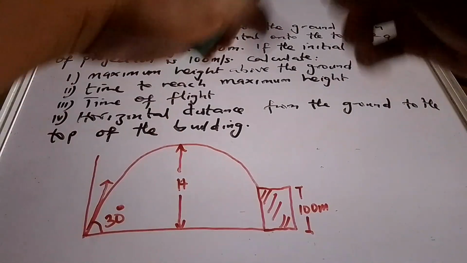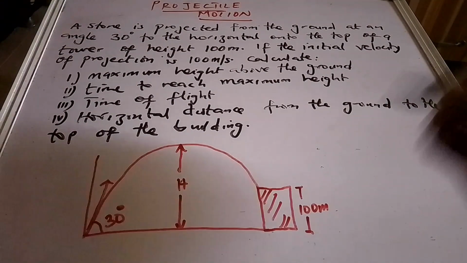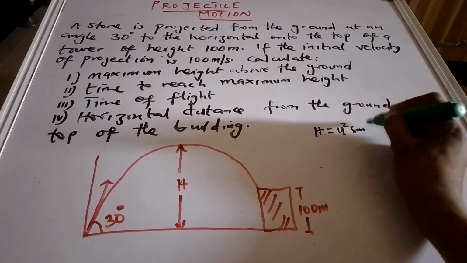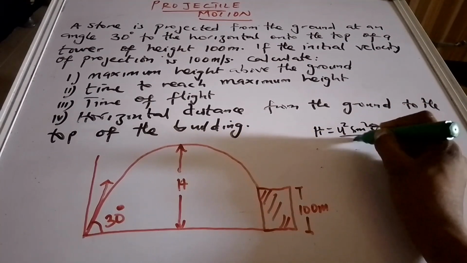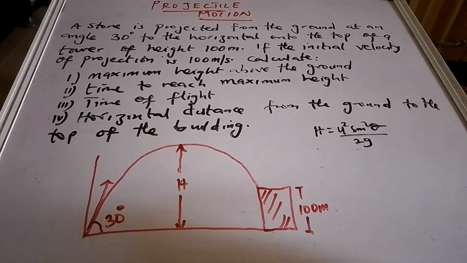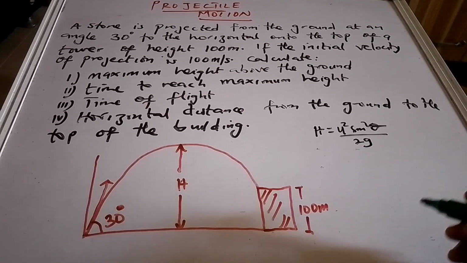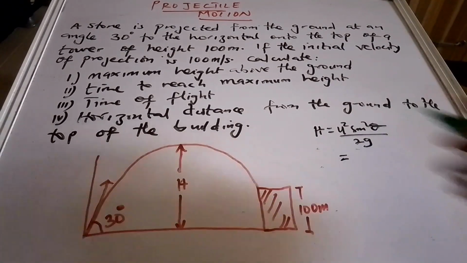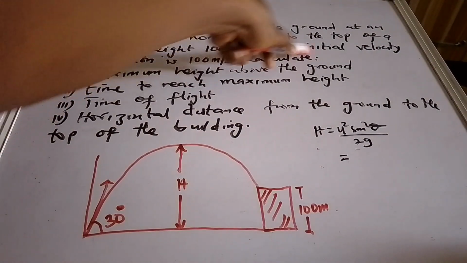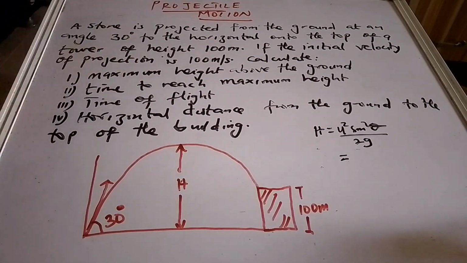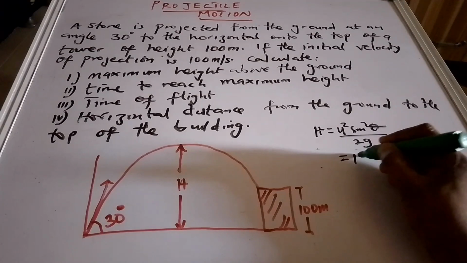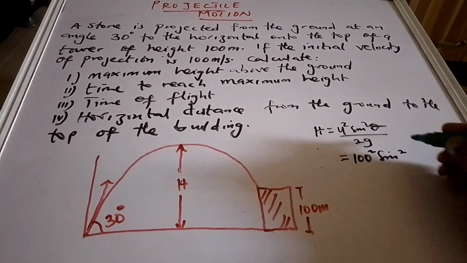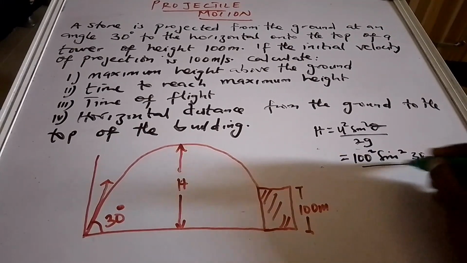For the maximum height, our formula is still h equals u square sine square theta over 2g, because it's a projection at an angle theta to the horizontal. So our u is the initial velocity. If the initial velocity of projection is 100, then we have 100 square sine square of theta, where theta is 30 degrees, over 2 times gravity.